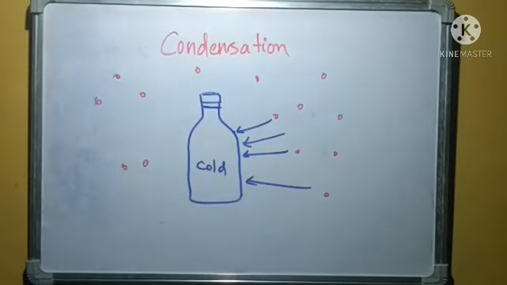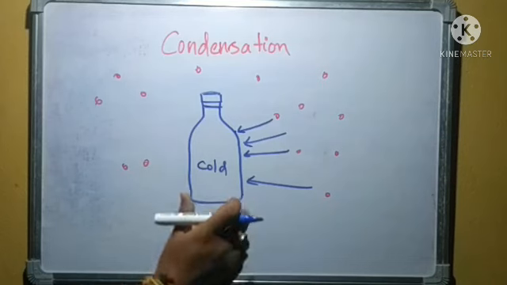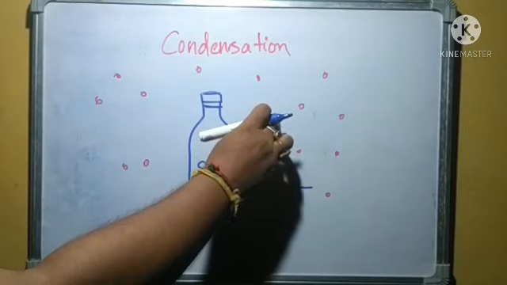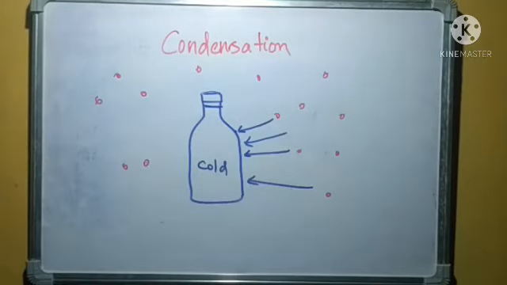We know that heat always moves from hotter bodies to colder bodies. In this case the water vapor is the hotter body because it has higher energy. So as soon as it strikes the colder surface of the bottle, energy will transfer from the water vapor particles to the surface of the bottle.